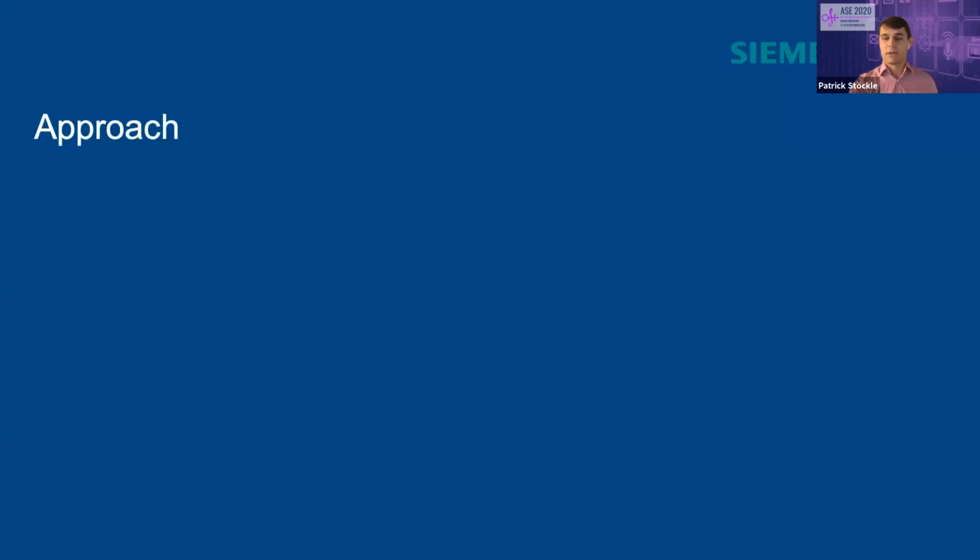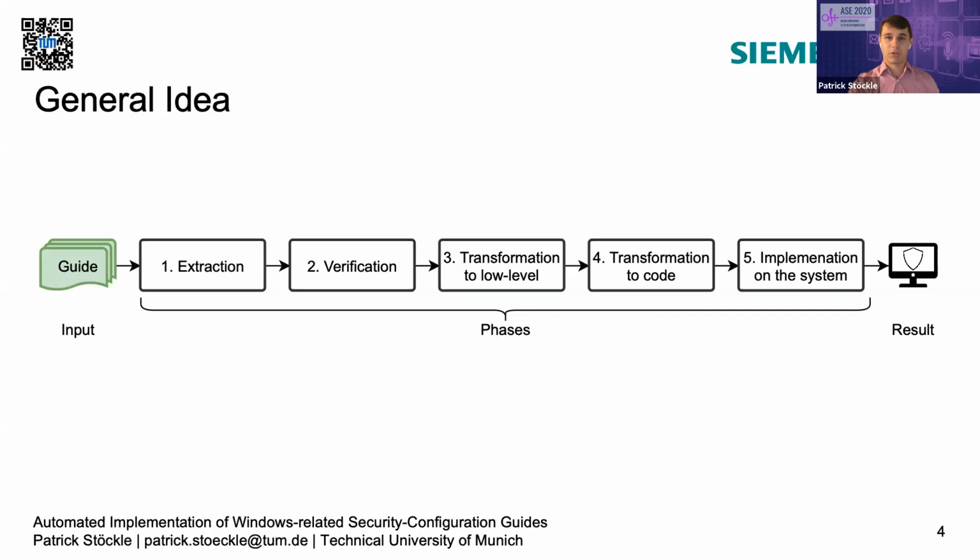So let's talk about our approach. The general idea is that we use the security configuration guides as an input, and in the first step we try to extract all the important information we need to implement. When I say implement, I mean we want to apply those rules on our computer system, which can be something like a Windows 10 instance or Windows Server.